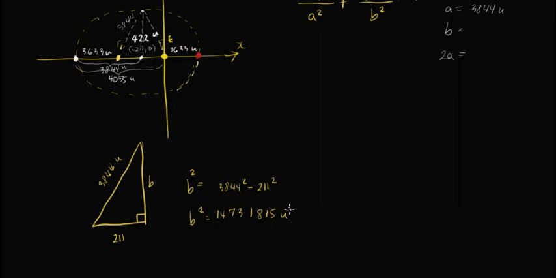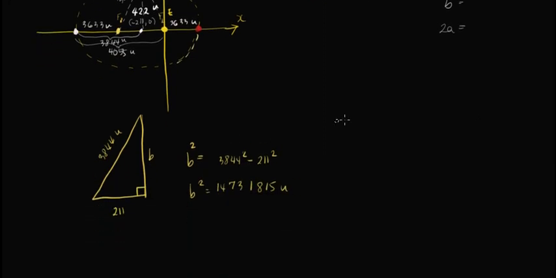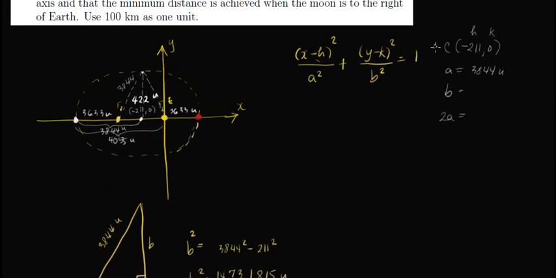This is in units, kasi yung units natin, 1 unit is 100 kilometers. Now, so we already have a and b squared. Hindi natin kinuha si b, okay lang yun, hindi naman natin kailangan pa siya. So dito, i-compute na din natin si a squared. So the value of a squared, 3,844 squared, is 14,776,336 units.